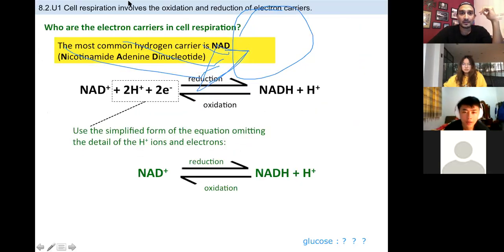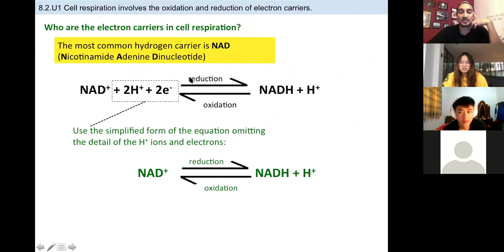Wait, what are we talking about right now? We are talking about how we get the electrons to the electron transport chain. We will see this all the way through. Right now, we're just naming them.